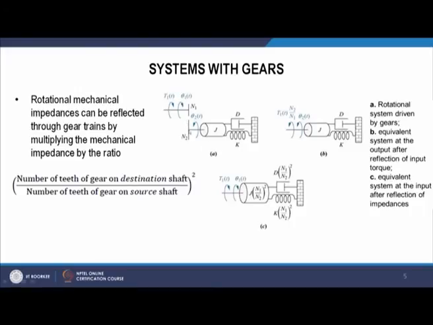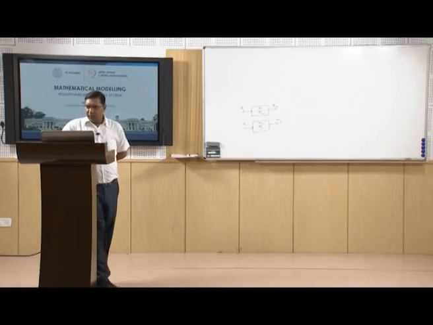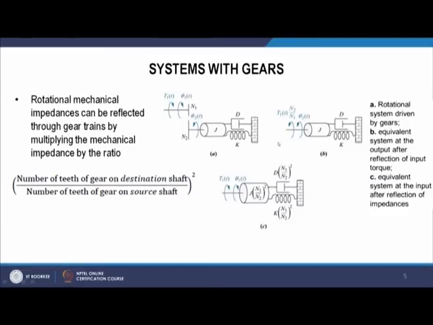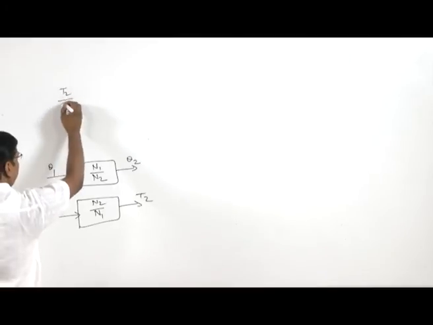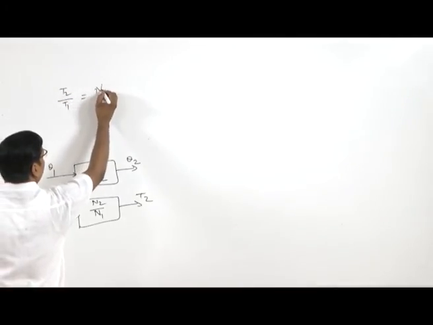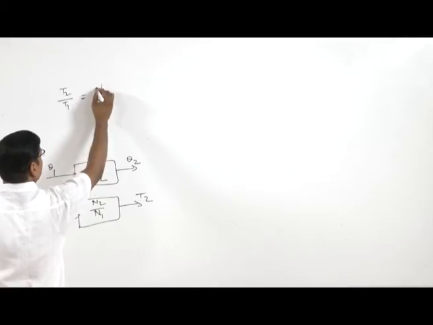Then here is gear 2 on the second shaft. There is inertia, damping and stiffness. Here we can express this system, because we know that T2 by T1 equals N2 by N1.